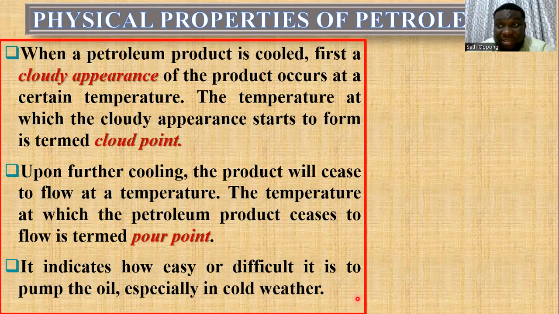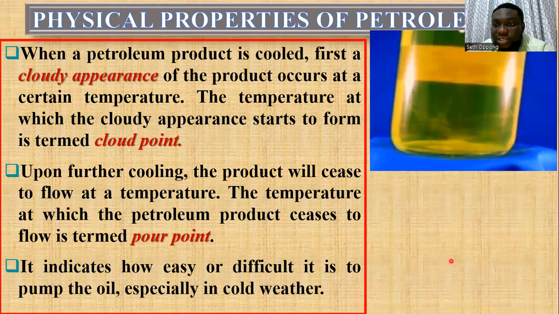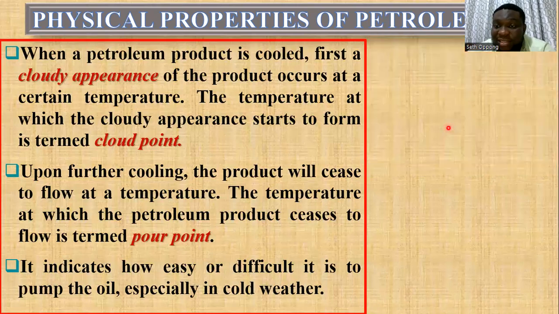The cloud point is the first stage. In the cloud point, if you are cooling a petroleum product, a cloudy substance will begin to appear. As you can see in the picture, this is a crude oil product and it's being cooled. When this cloudy substance begins to form, we term that the cloud point. Upon further cooling, this cloudy substance begins to accumulate and becomes solid, which almost solidifies the crude oil and prevents it from flowing.